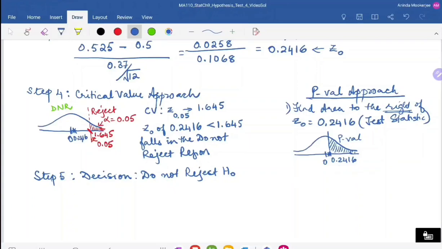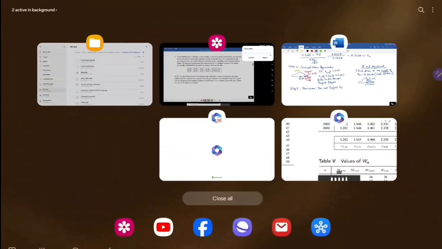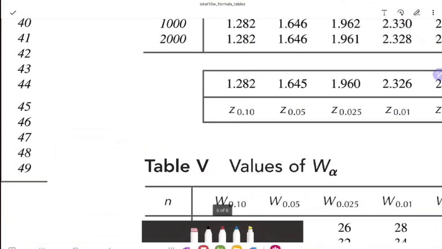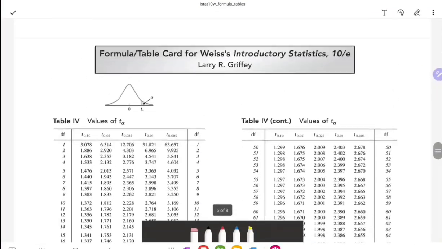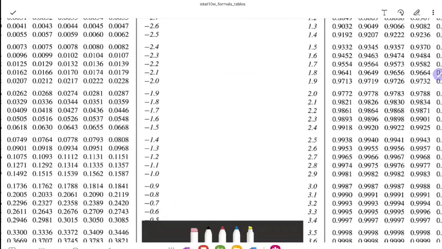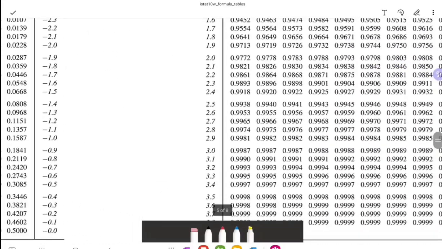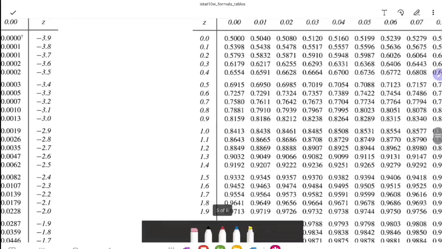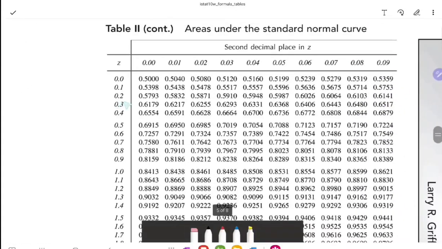Let me see if I can pull up the Z table, which is here, but this time you have to go back to the full table. 0.2416 will be its positive value, 0.2416 will be 0.5948, but this is area to the left.